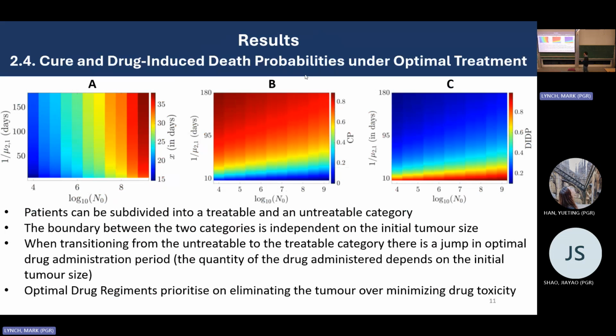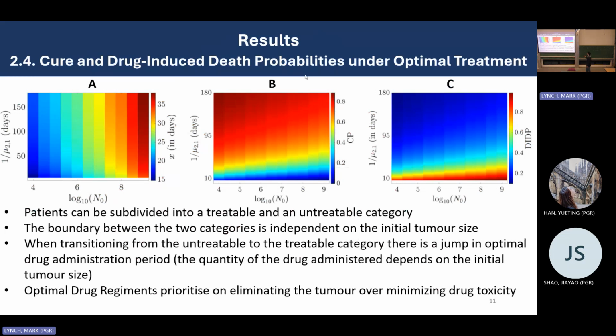So the larger the initial tumor size, the larger the drug administration. Now, if we look at the cure probability, which we have defined as the tumor control probability multiplied by the probability of the patient surviving drug administration, we can see that at the boundary, the cure probability is very small, around 0.